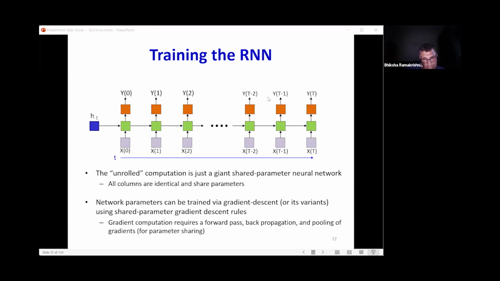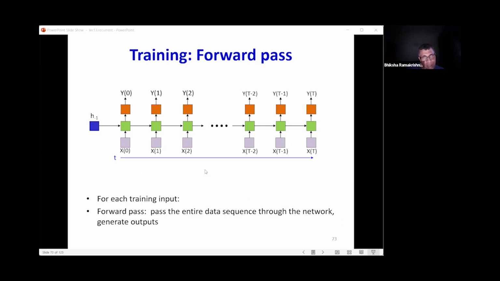And so the network parameters can be trained by gradient descent or its variants using shared parameter gradient descent rules, which we saw several classes ago. And the gradient is computed using backpropagation. So for this, you first require a forward pass through the network, and then backward propagation of the gradients and pooling of gradients for parameter sharing. So let's see how this is done.